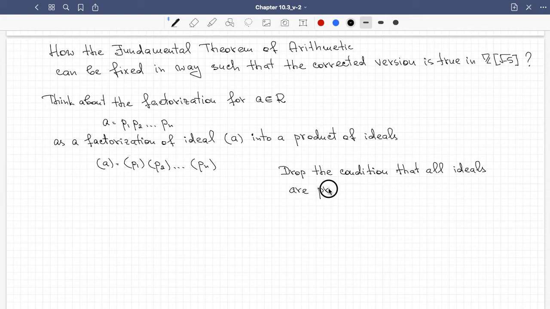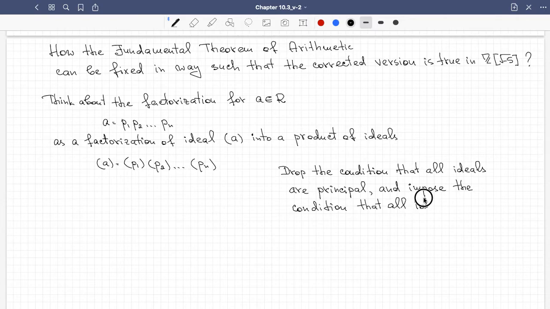At this moment, I want to recall that was the idea of Kummer or Dedekind.